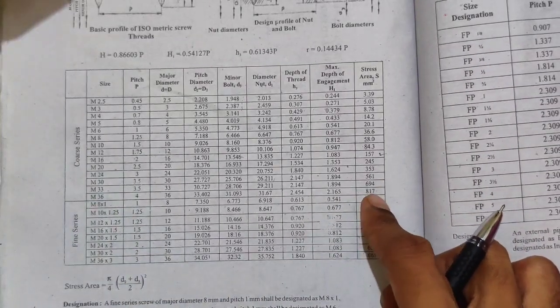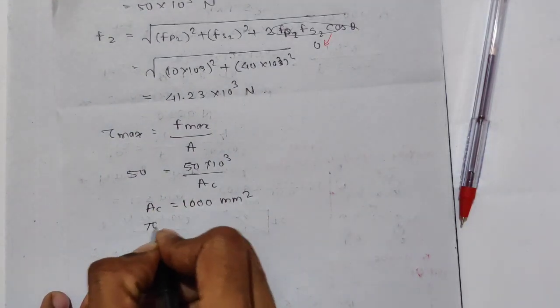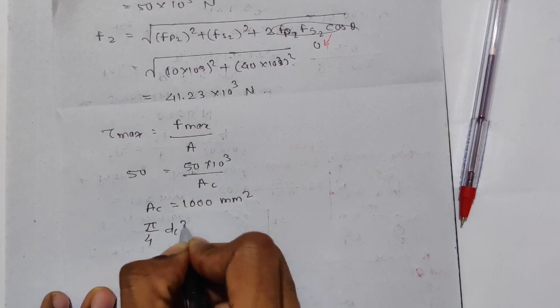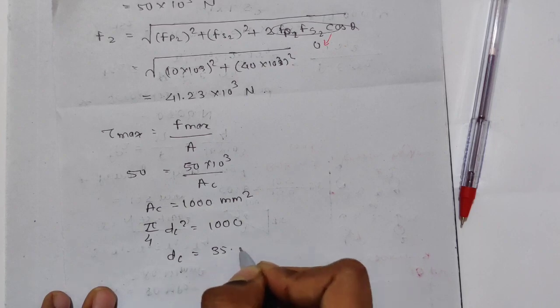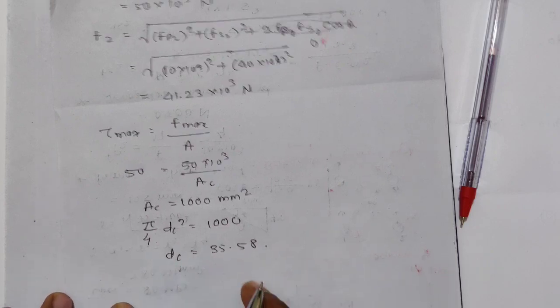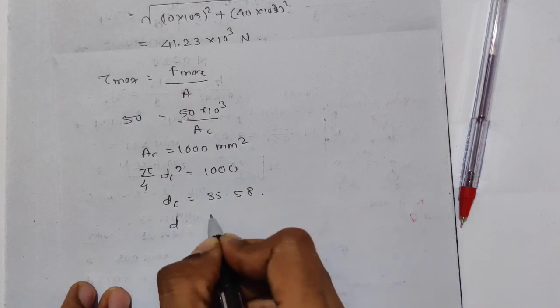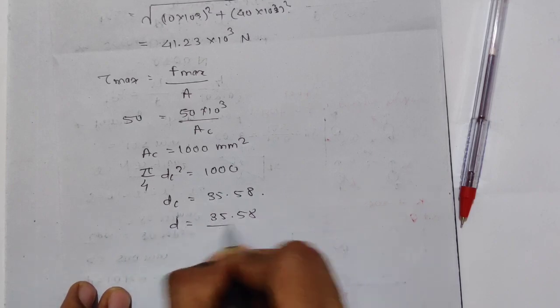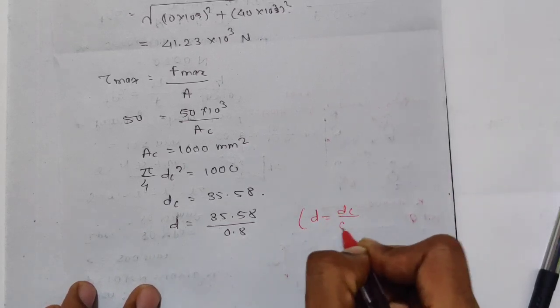817 is the maximum. So now you can't use PSG, you have to use the normal method, that is pi by 4 dc square is equal to 1000. From this dc is equal to 35.58. You know the relation between dc and d, so you can find d using d is equal to dc upon 0.8.